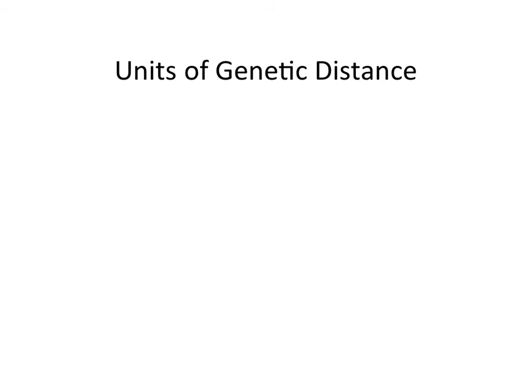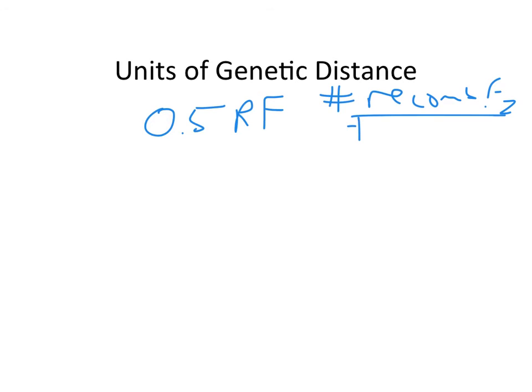So I started throwing out centimorgan, recombination fraction. What's the other term? Map units. So the first thing we calculate is a recombination fraction. That's the number of recombinants, the number of recombinant F2s over the total number of F2s. How do we convert this to map units, into centimorgans?